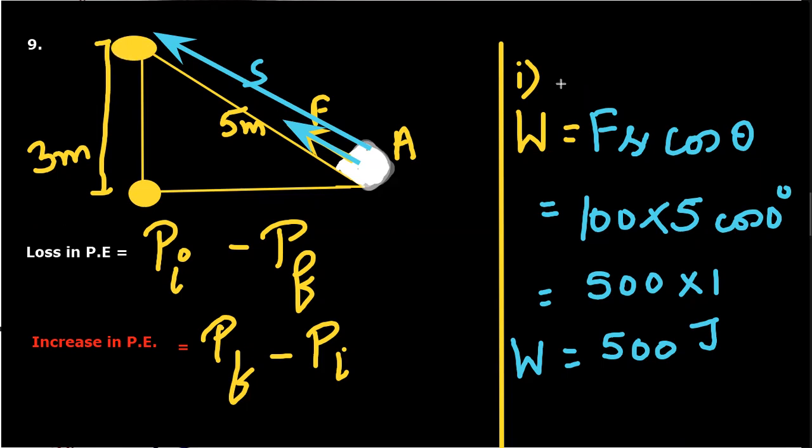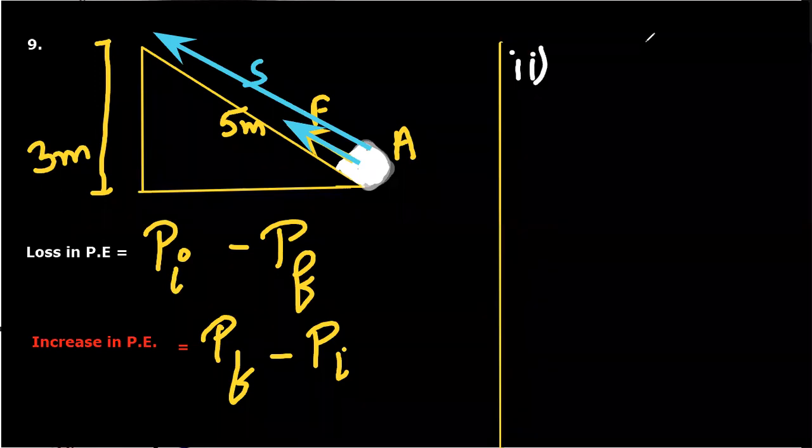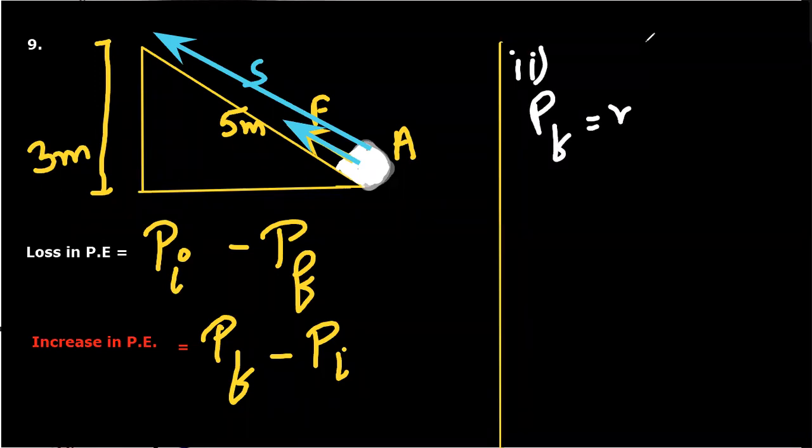So children, in second part, your final potential energy will be mgh, where mg is the weight of the body, and the weight of the body is also 100 Newton given in the question. Block weighing 100 Newton. So mg is weight 100 multiplied by height. Height will not be 5 meters. Height is above the ground.